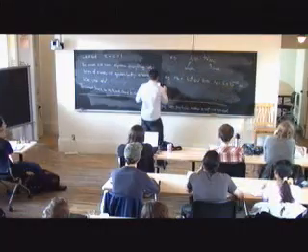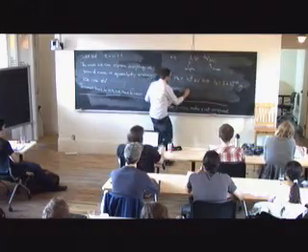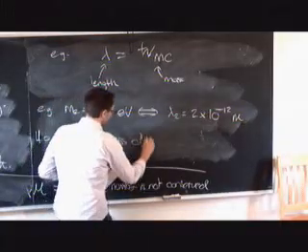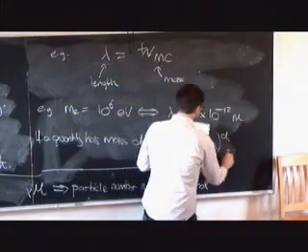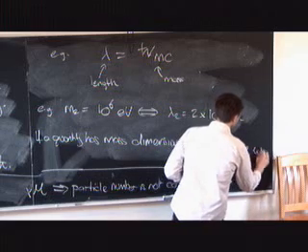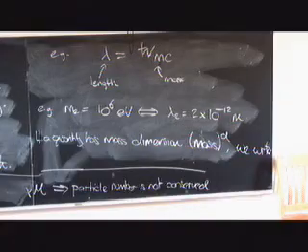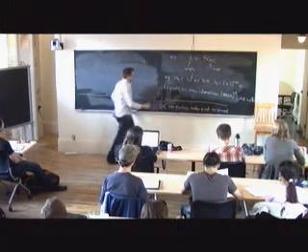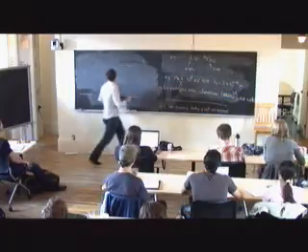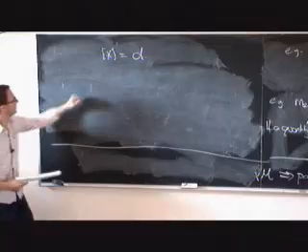Okay, so if a quantity x has mass dimension mass to the d, we'll write it in square brackets: the dimension of x equals d.